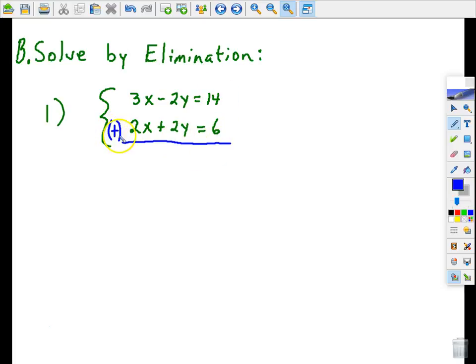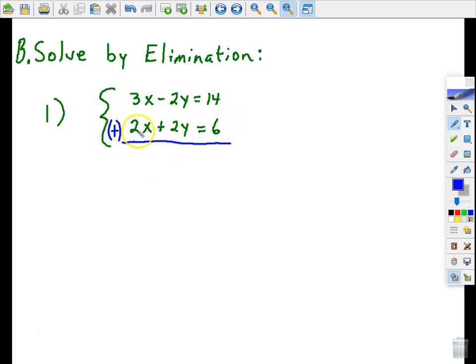So I'm putting a little plus sign there as a reminder that all of these like terms are going to be added together. Some people get carried away and they add here, but then they do something else with the other parts. When you make that decision on what it takes to eliminate your variable, that operation needs to be done for every part, all of the other terms.